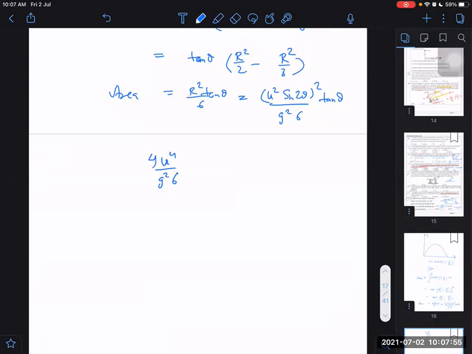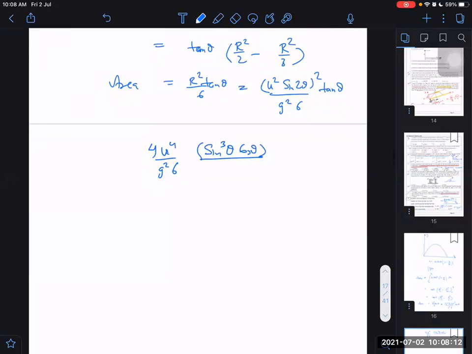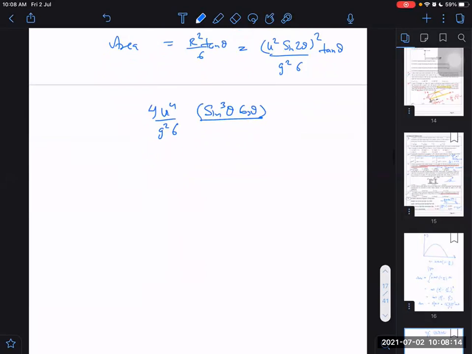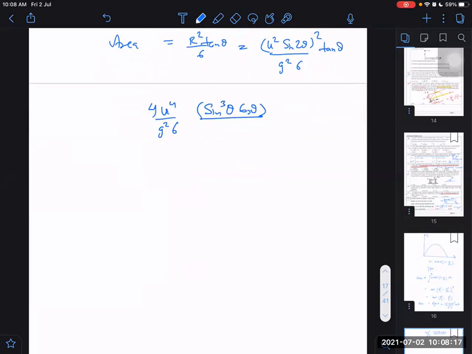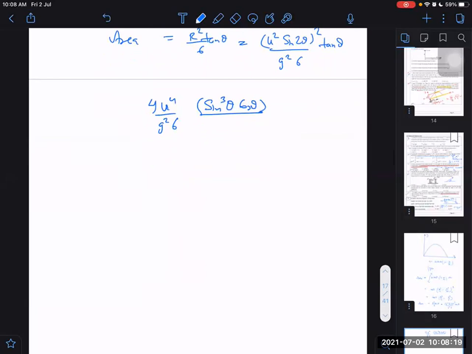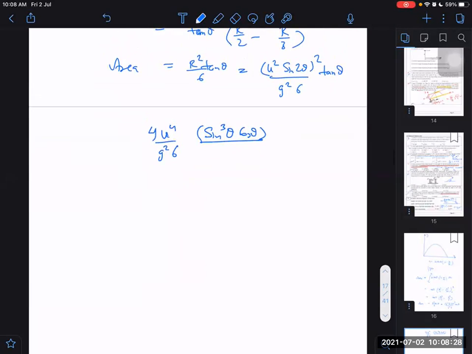I'm splitting into parts sin theta cos theta. Sin square theta into sin cube theta into cos theta, it will become sin cube theta into cos theta. This term should be maximum. Sin cube theta into cos theta should be maximum.